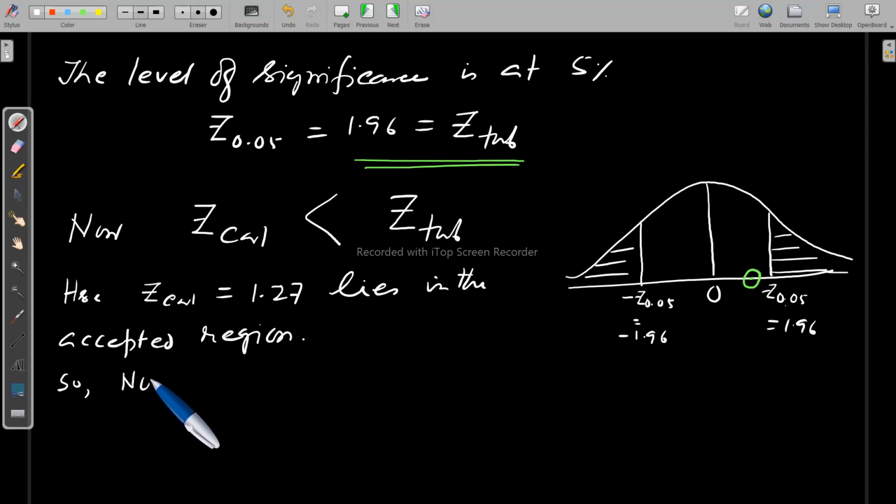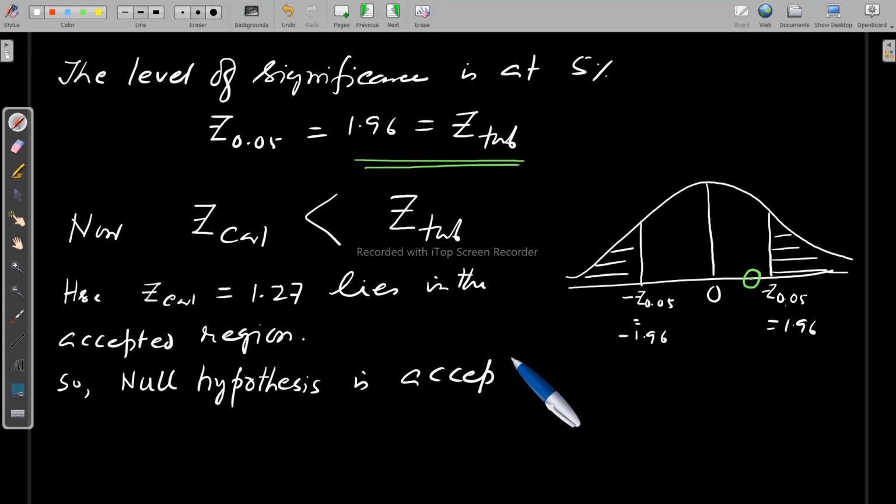So null hypothesis is accepted. So that means in null hypothesis you have considered the sample is coming from the same population, and alternative is the sample is not coming from the same population.